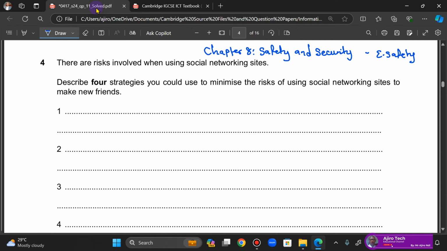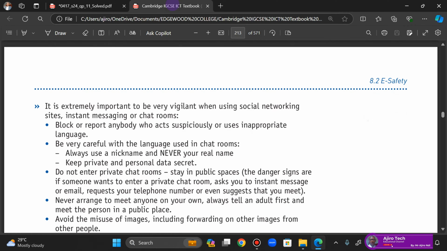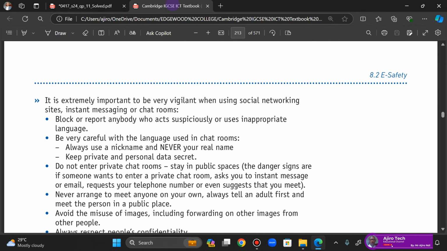Okay. So my number one strategy, and I'm giving to you right now. Most of you are looking for my strategy, so let me give you my strategy. Okay. Is this one right here. It is extremely important to be very vigilant when you use social networking sites, instant messaging, or chat rooms. Block, and I repeat, block or report anybody who acts suspiciously or uses inappropriate language.